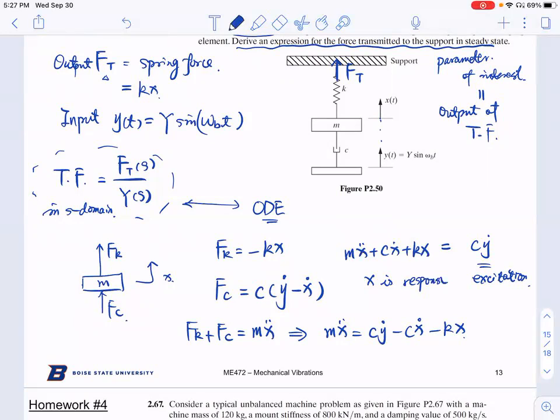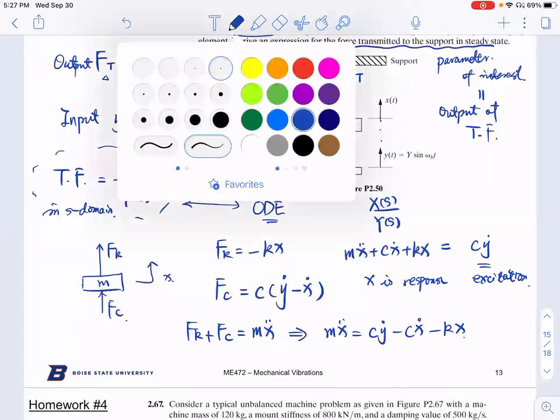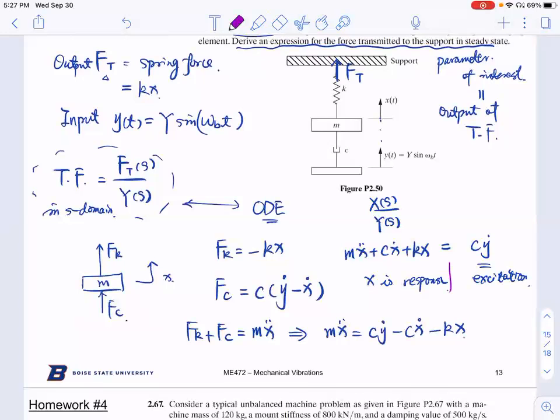From here, you might not be able to get the transfer function in one shot, but you can easily get the transfer function of X(s) over Y(s) by doing the Laplace transform on both sides. So if you're doing the Laplace transform, m x double dot becomes s squared, plus cs plus k, and then the common term is X(s).